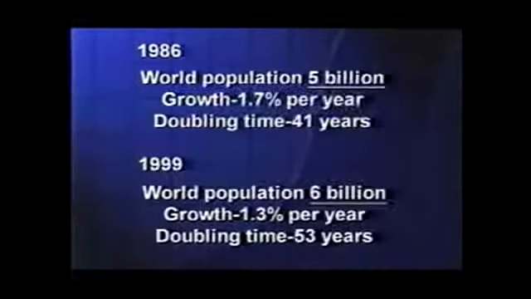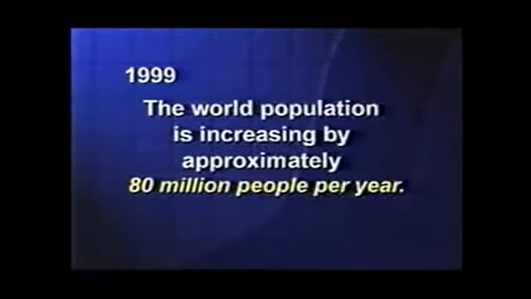More recently, in 1999, we read that the world population had increased from 5 billion to 6 billion people. The good news is that the growth rate had dropped from 1.7% per year to 1.3% per year. The bad news is that in spite of the drop in the growth rate, the world population today is increasing by something over 80 million people every year.